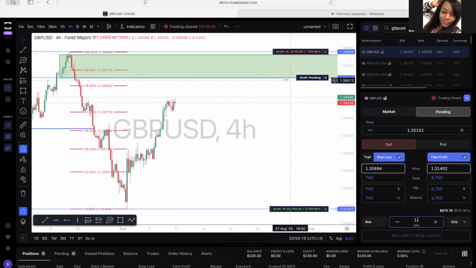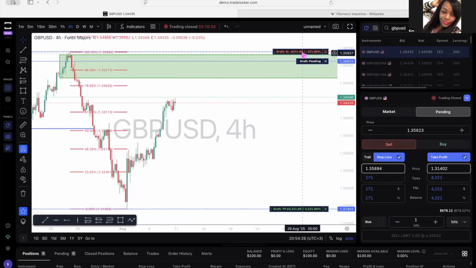Well, we would definitely rein it in. So maybe we'll put it there, and that's because there's an order block here. There's a little 4 hour demand zone here. I mean supply zone. So you're going to either lose $271 or you're going to gain $4,221.